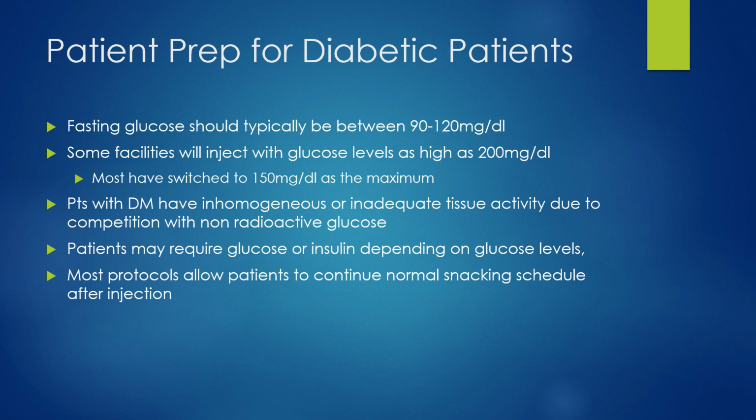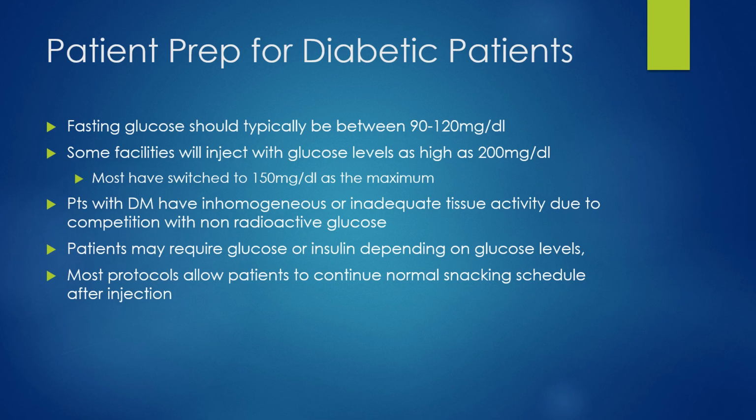When your blood glucose levels are really, really high, the cells in your body tend to be saturated with glucose and they're not really taking up any more glucose, which is why it starts to build up in your blood and you get high glucose levels in your blood. So if we come along and inject more glucose into that, it's just going to raise their blood glucose levels, but it's not really going to concentrate in their cells because it's already saturated with non-radioactive glucose.